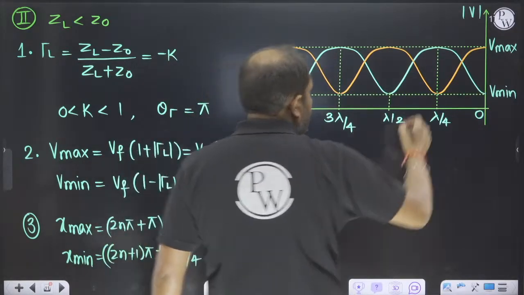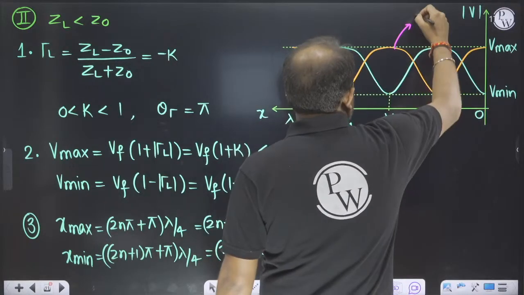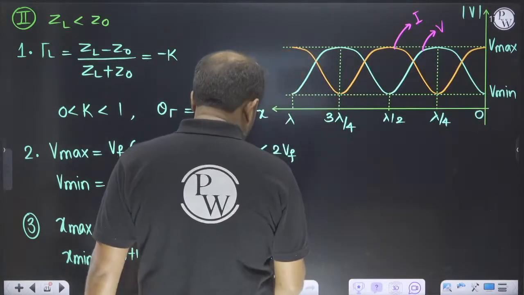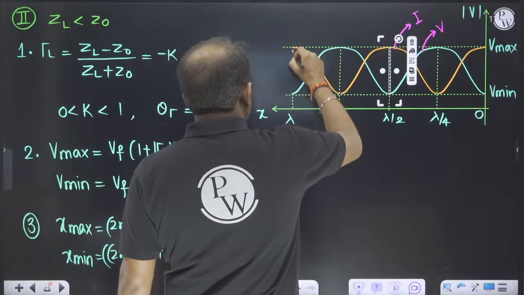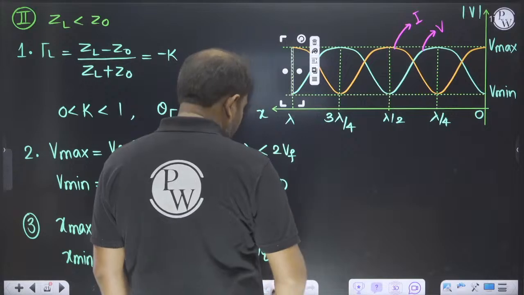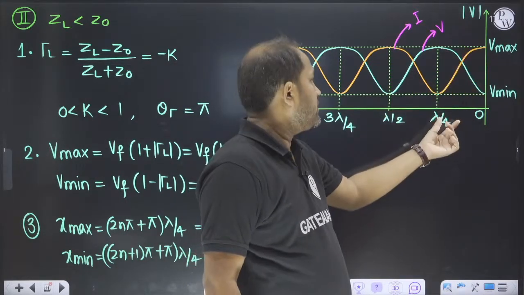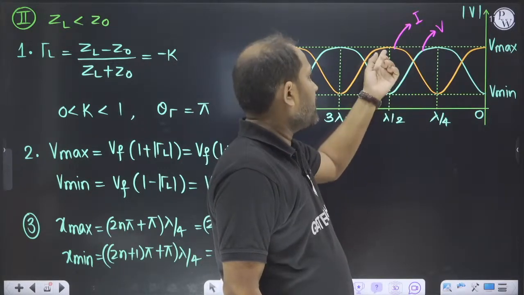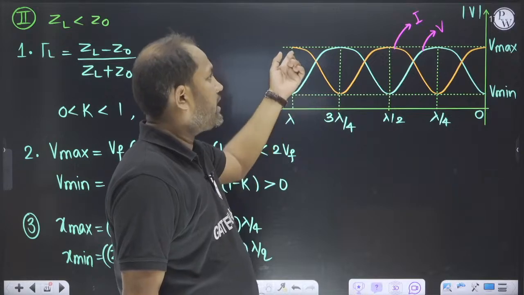So this one is current I, and this one is V. At this point, voltage minimum, current maximum; voltage maximum, current minimum; voltage minimum, current maximum; voltage maximum, current minimum; voltage minimum, current maximum.